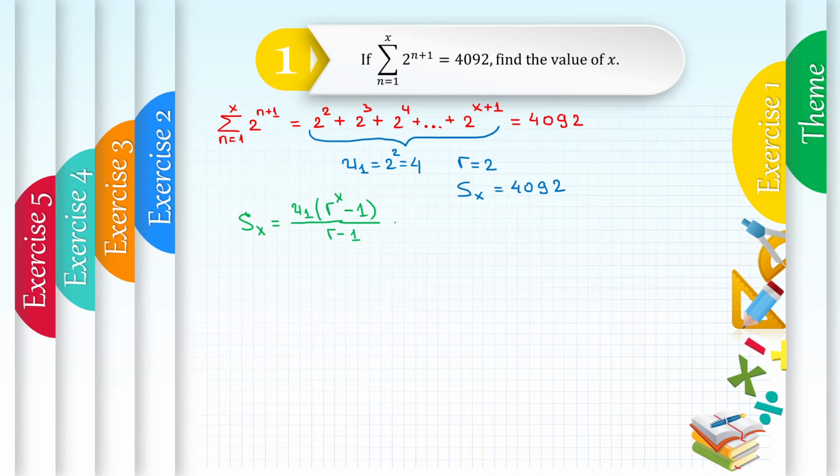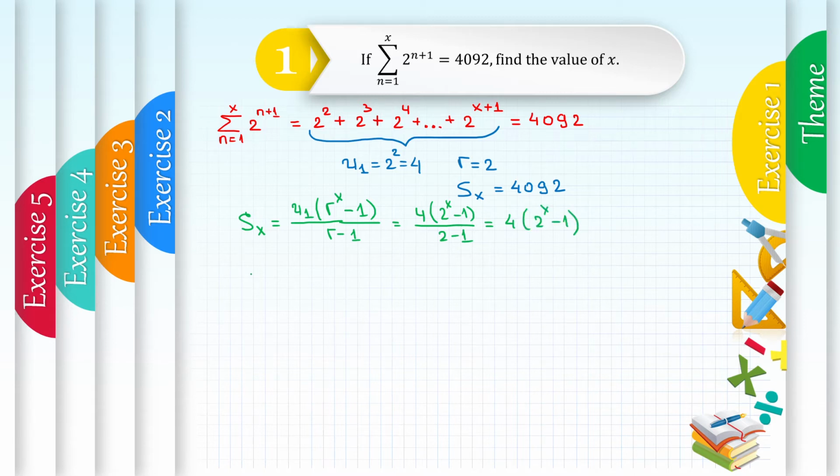So in our case, s sub x would be equal to 4 times 2 to power x minus 1 over 2 minus 1, or 4 times 2 to power x minus 1.